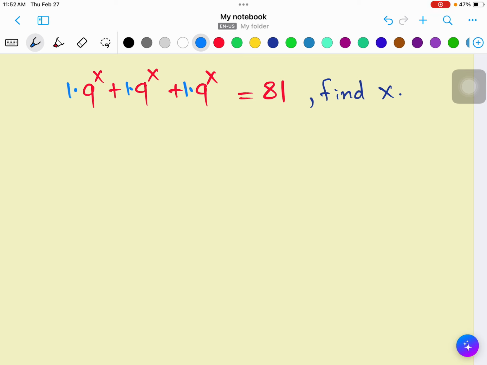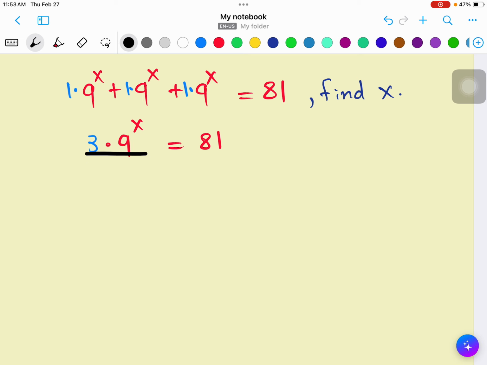According to monomial addition, 1 plus 1 plus 1 equal 3. So 3 multiply 9 raised to x equal 81.